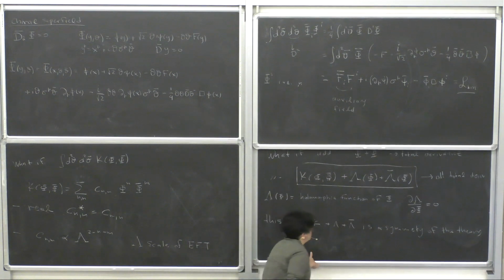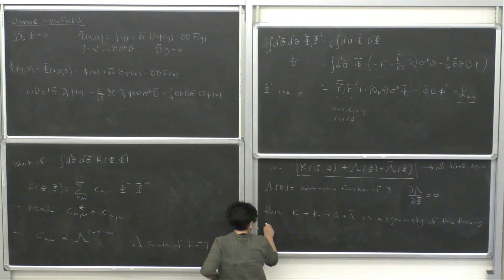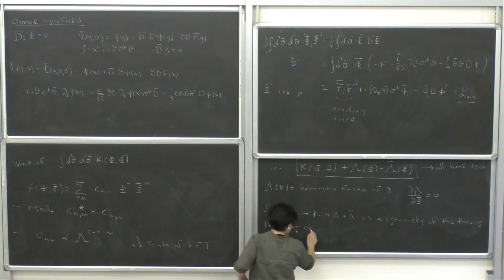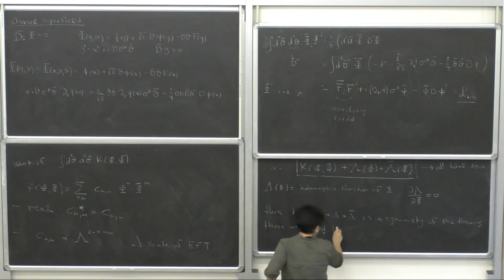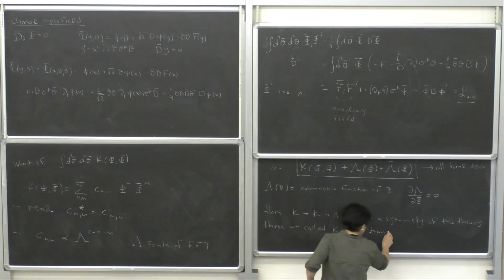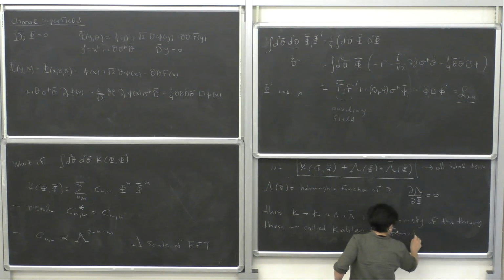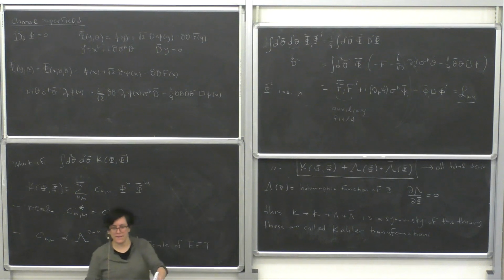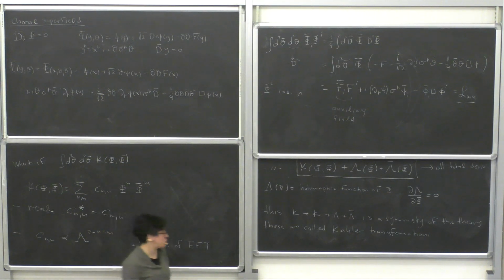So these are called Kähler transformations, and because of this K function, we call it the Kähler potential.